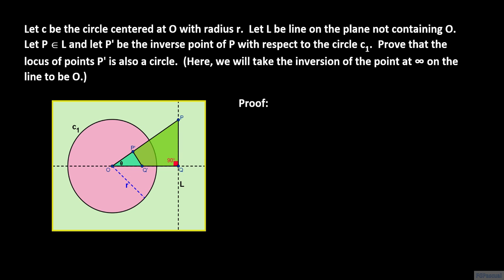The first pair of corresponding sides is made up of segment OP from the big triangle and segment OQ' from the small triangle. Then we have the pair that is made up of segment OQ from the big triangle and segment OP' from the small triangle. The third and final pair of corresponding sides is made up of segment PQ from the big triangle and segment P'Q' from the small triangle.